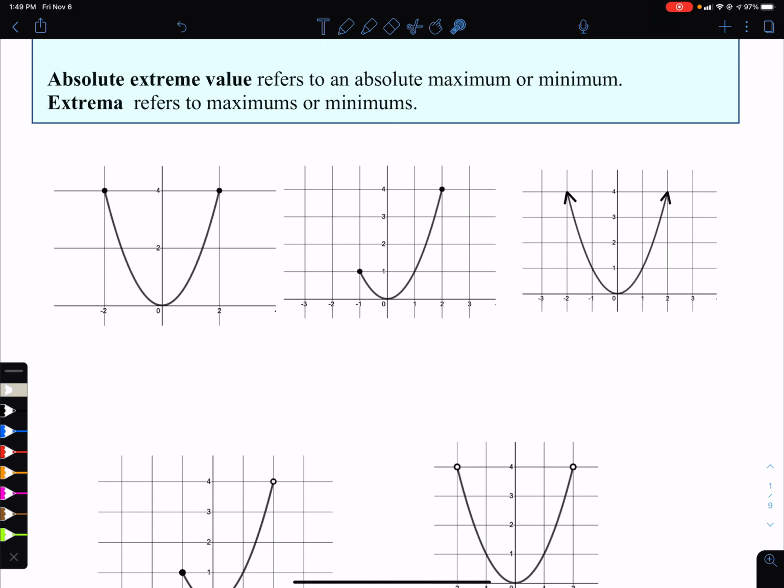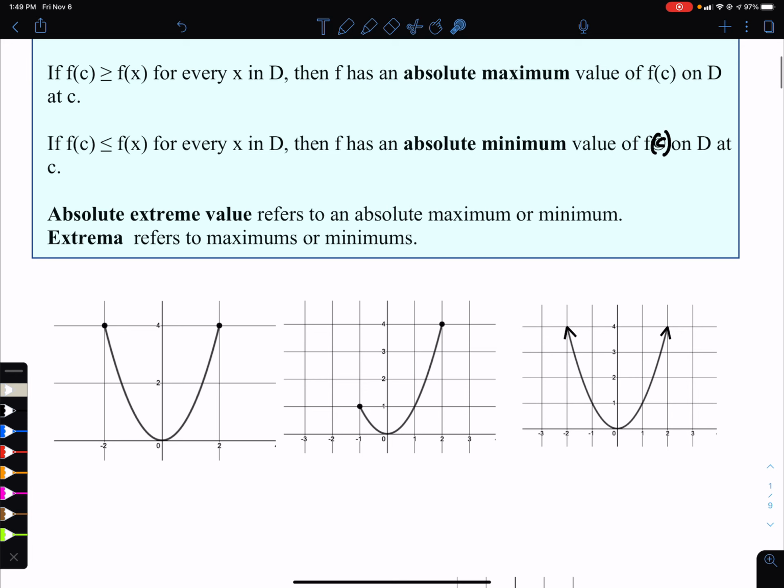So graphically, what is the greatest value of this first graph right here? And you'll notice there's 2 points, here and here. Using this definition, we would say f of c at -2 is greater than or equal to the function for all values of x in this interval.